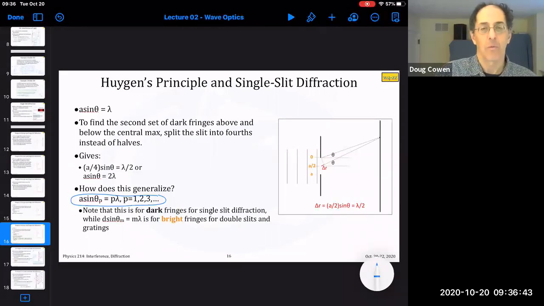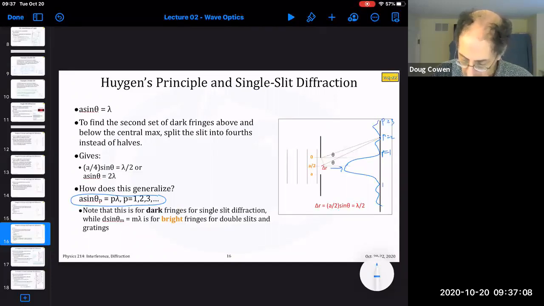If P is equal to 1, we get the first dark fringe above and below the center maximum. So if I draw that center maximum again, this is the central maximum right here. And then here is P equals 1, P equals 2, and so on.